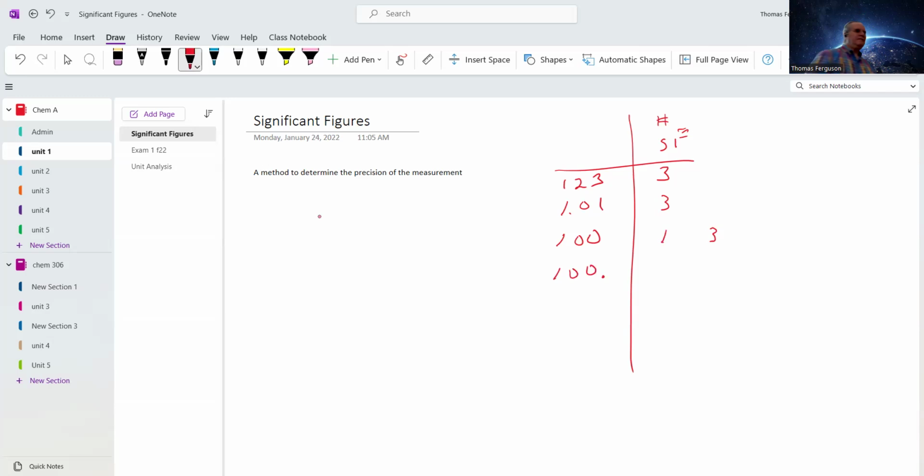How many sig figs do you think that number has? 1 and 3. What's the difference between those two numbers? 100's 100, right? Decimal point, exactly. Decimal point is a big deal with zeros. So keep that in mind.